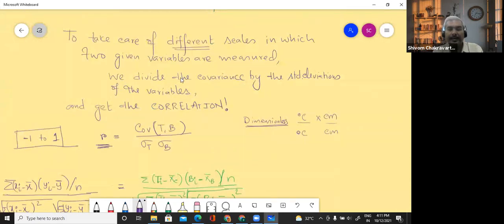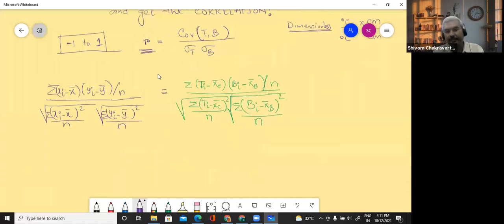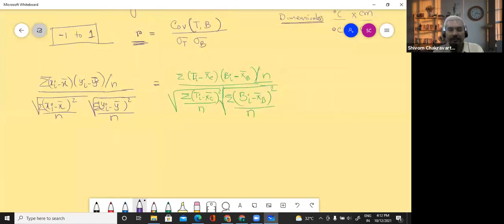Correlation is covariance divided by the standard deviation of each of the variables. If we use the original formula for covariance and standard deviation, we get an expression like this. Is this clear till now?